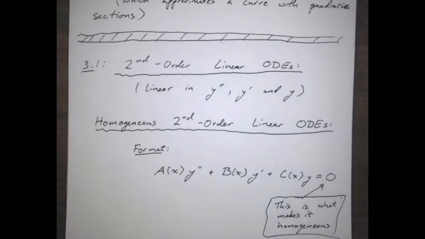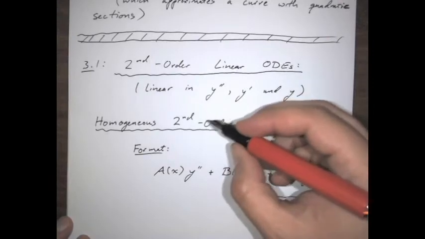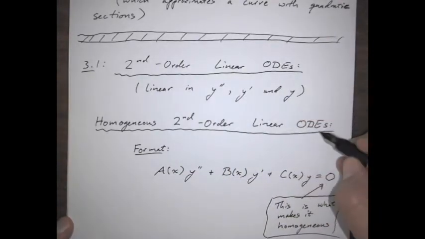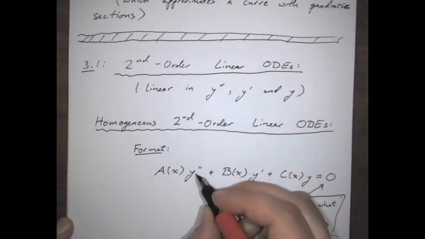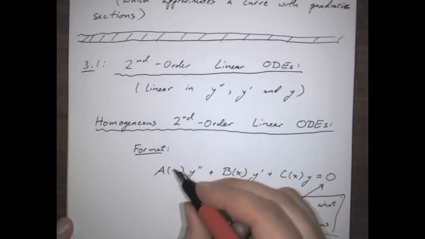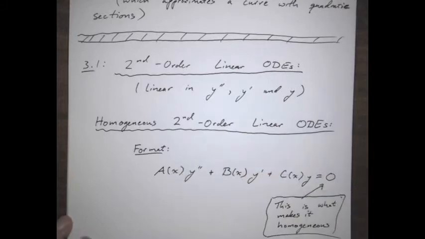And then c of x, which is again just a function of x, not a function of y. Now that's what makes it linear, and what makes it an ordinary differential equation is the fact that the derivatives are assumed to be with respect to x. There is only one independent variable in play here, and that is written by default with an x.